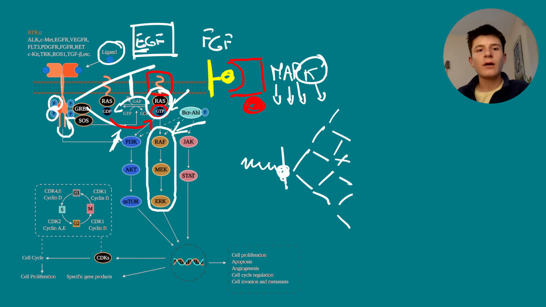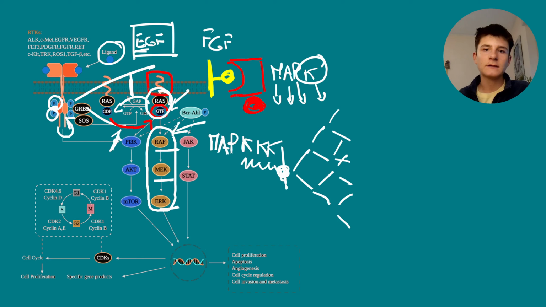Now we can have the cascade that we talked about before. So we have RAF, MEK, ERK, and RAF phosphorylates MEK and MEK phosphorylates ERK. So these are also called MAP. RAF is also called MAPKKK.